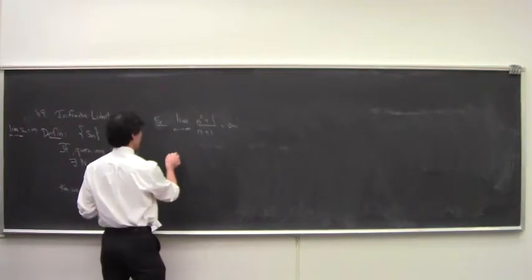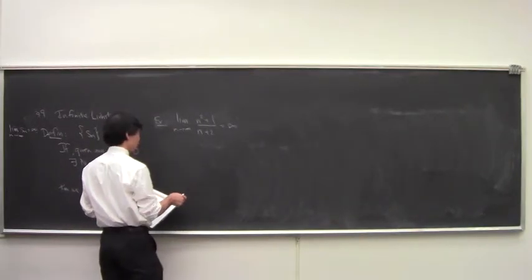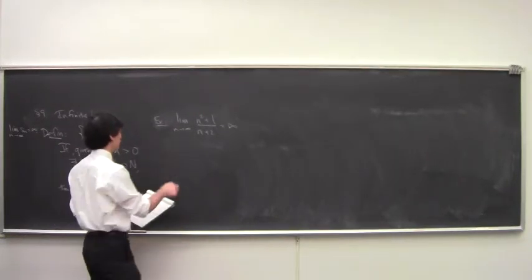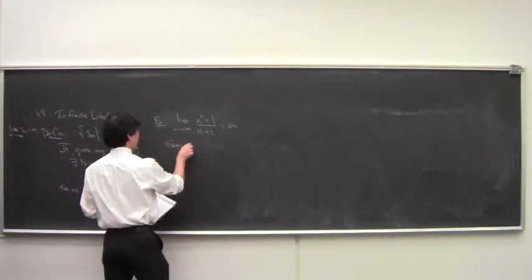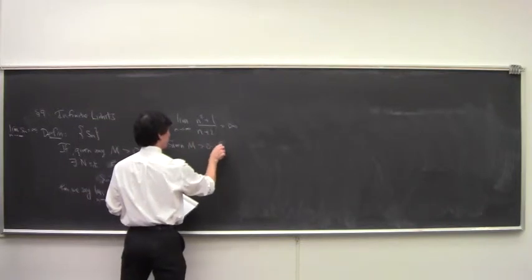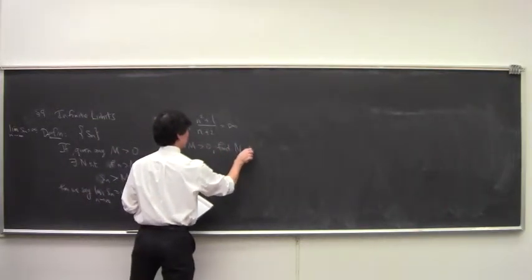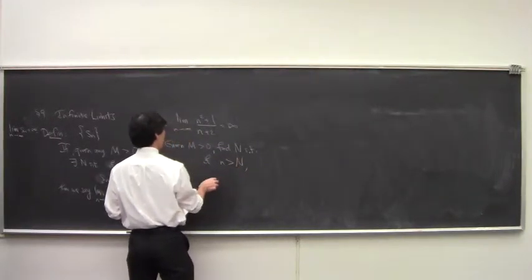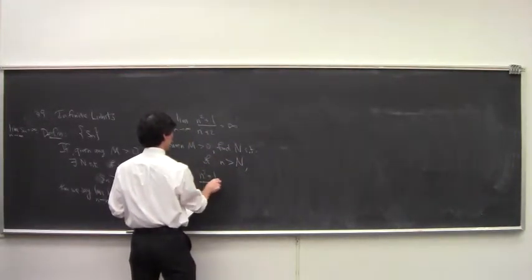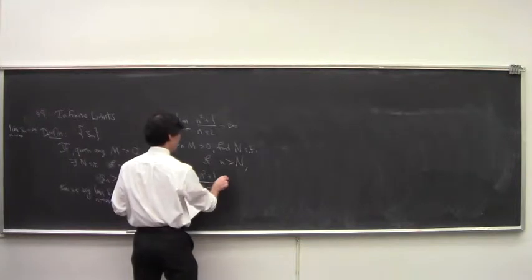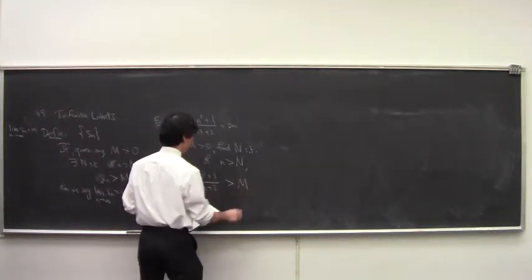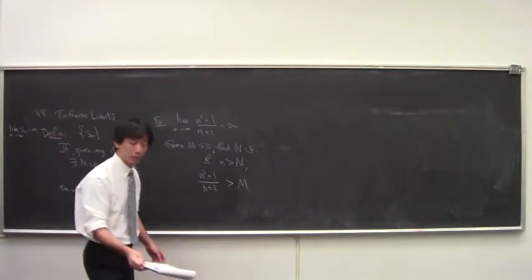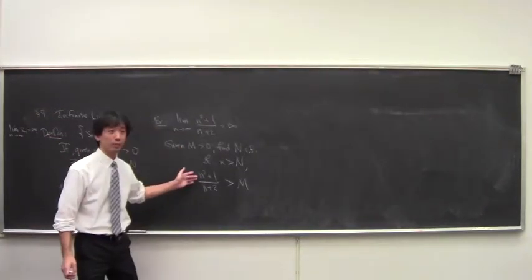So, do you want to try it? Why don't you try it? Okay, so given M, find an N such that if n exceeds N, this thing is bigger than M. And the game will be just like before, just like in the previous one.